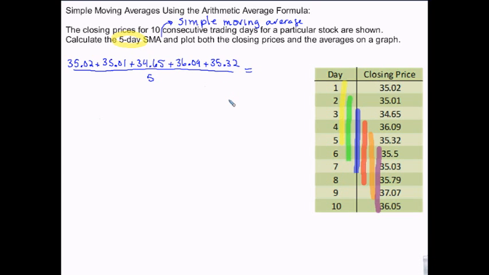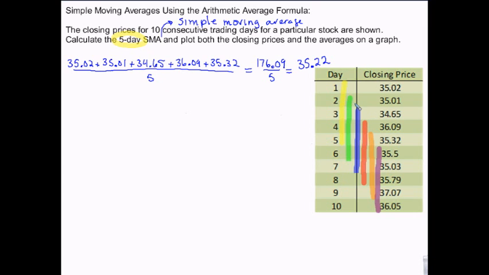When you add them together, you get 17609 over 5, and when you divide it, you get 35.218, so 35.22. That's the average for the first 5 days.